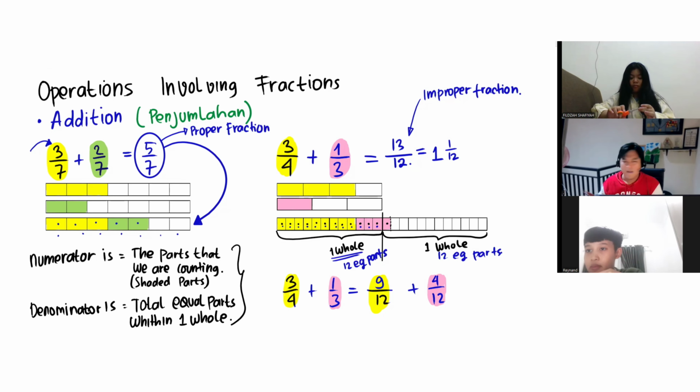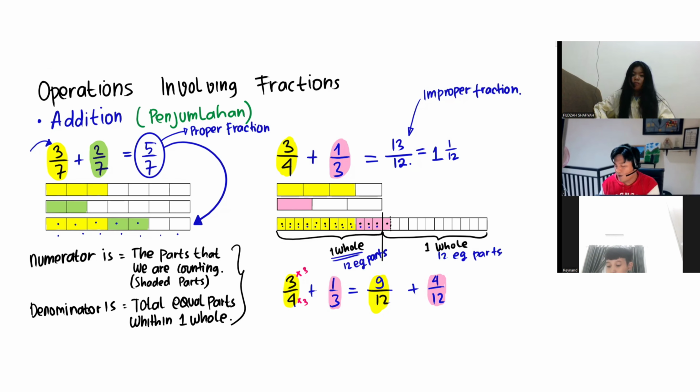Since Raynan mentioned that to get the denominator we multiply the denominators, 3 times 4, that means the yellow fraction is multiplied by 3. If you multiply the denominator by 3, you have to do exactly the same thing for the numerator. So 3 times 3 is 9. That's how we get 9 as the new numerator, right?